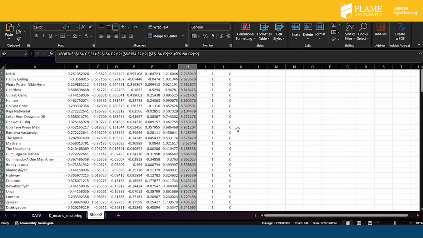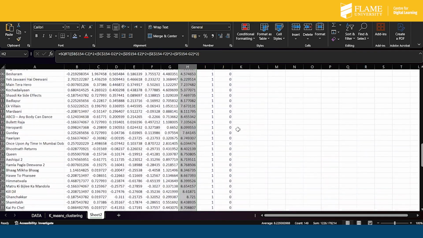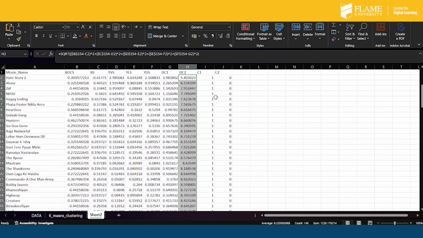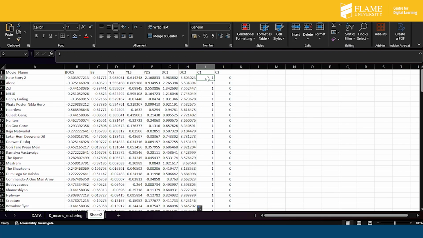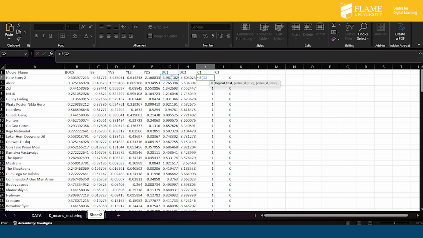So again, a similar logic you have to just apply, and you have to identify the new cluster sets. So here also, if this value is less than or equal to this, then it will be 0, it will be 1, otherwise it is 0.